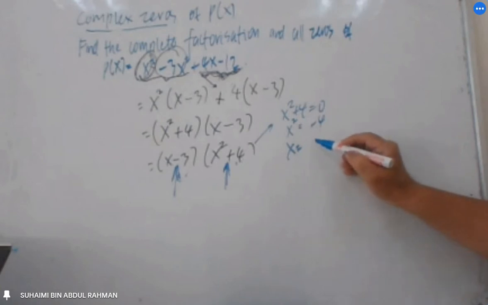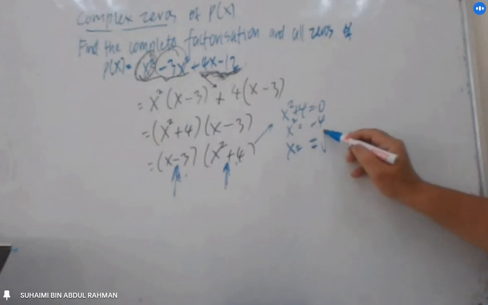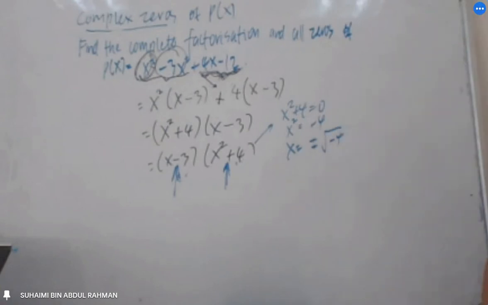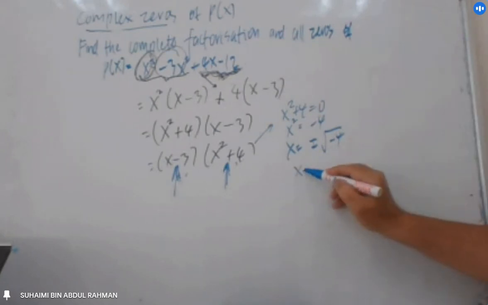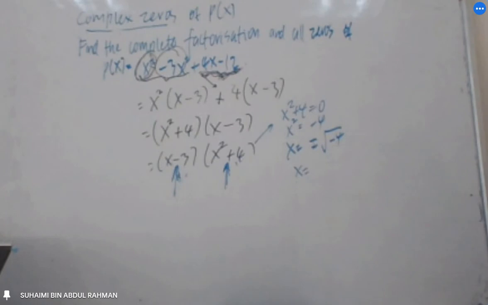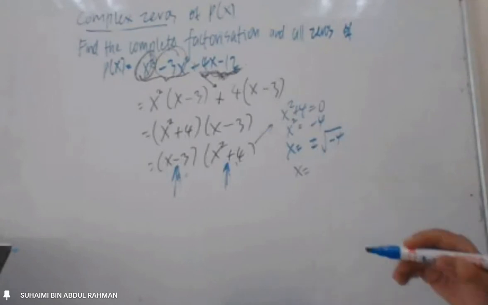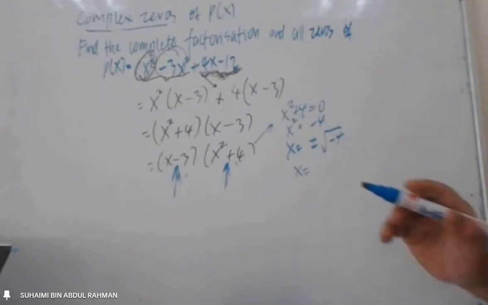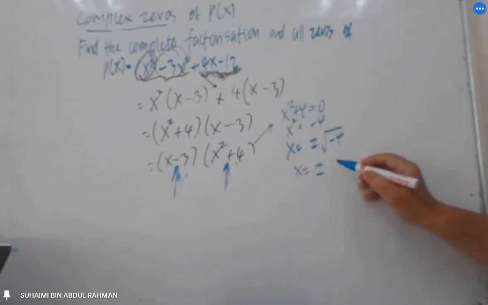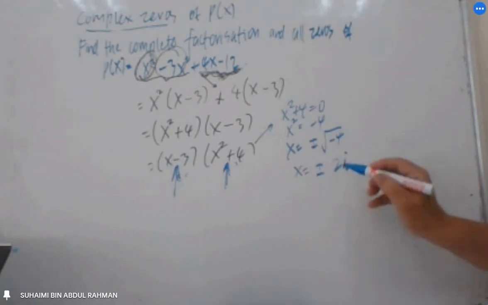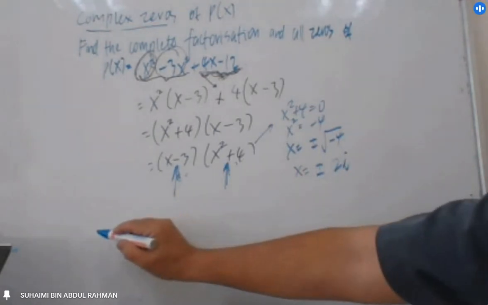X is plus or minus the square root of minus 4. X is what? Plus or minus 2i.